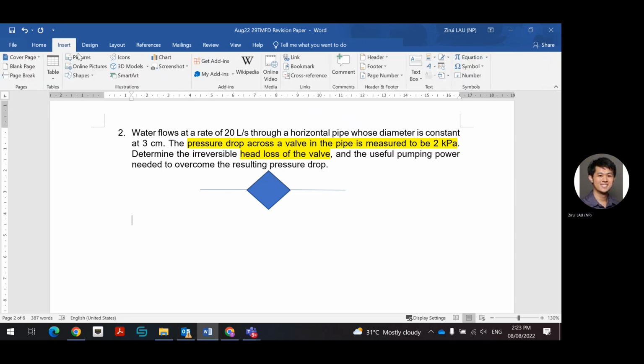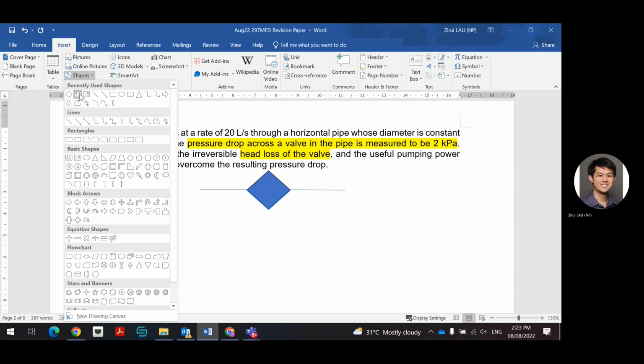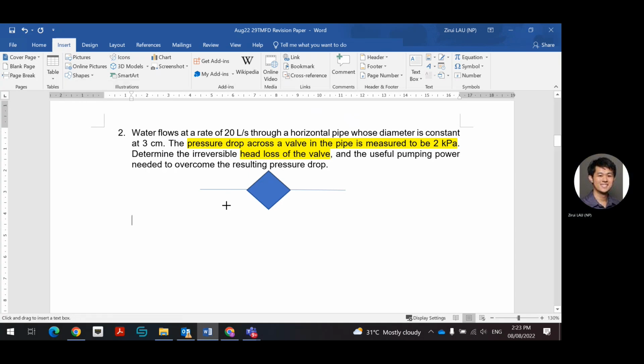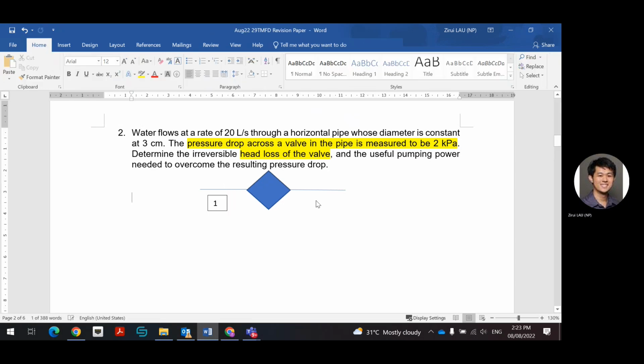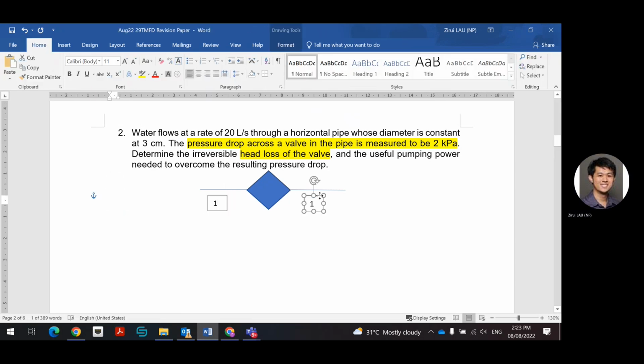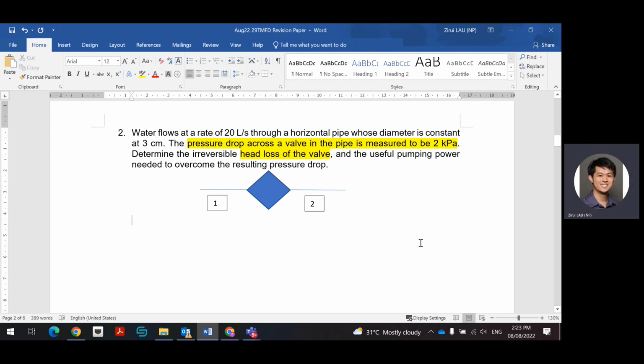Then I can mark the first point here as 1, and I mark the second point here as 2. So we have a valve, point 1 and point 2. The pressure drop across the valve in the pipe is 2 kilopascal.